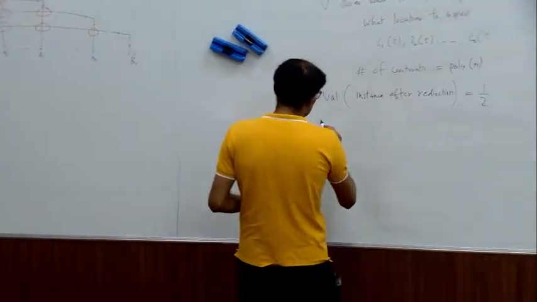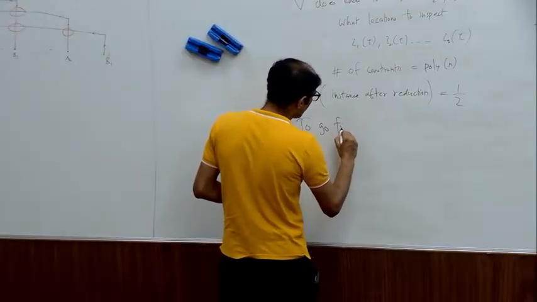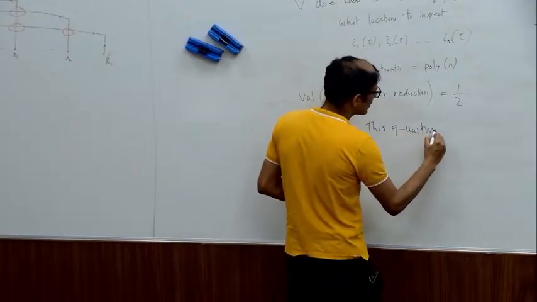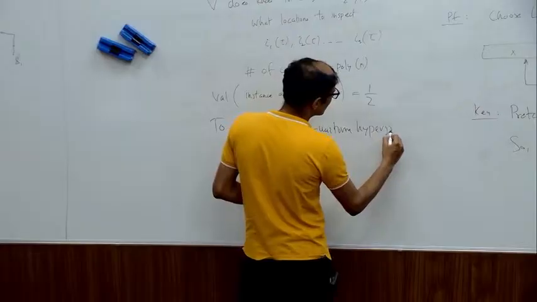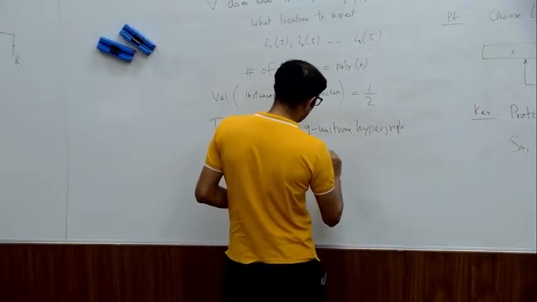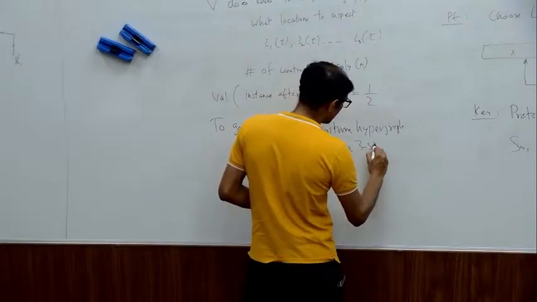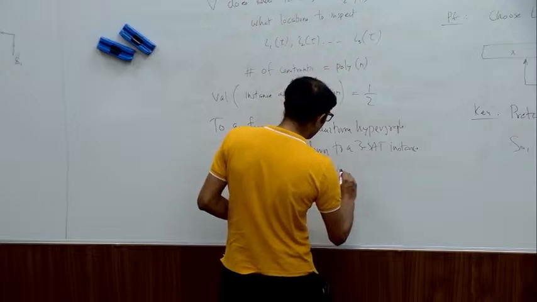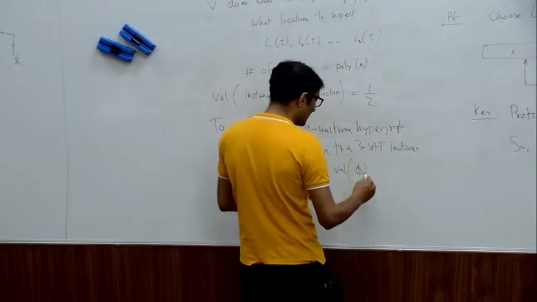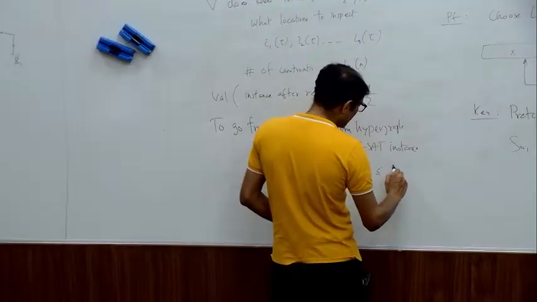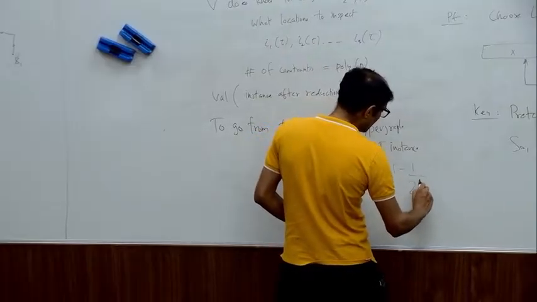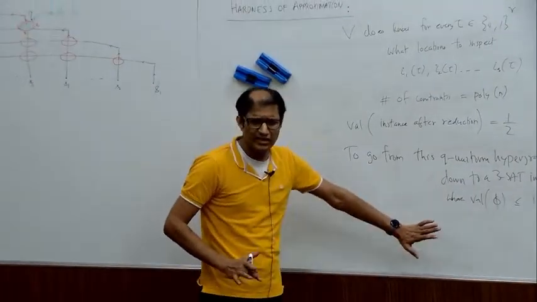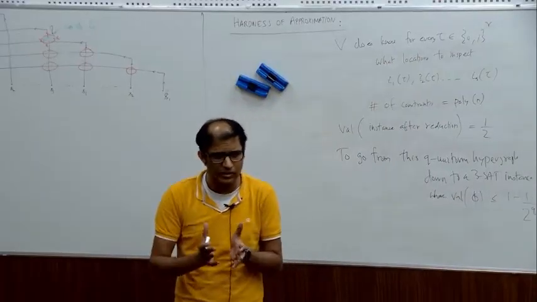So the idea now is to go from this q-uniform hypergraph down to 3-SAT, where the value of this 3-SAT instance, I'm going to call it phi, in the no case, would be at most something like that. That's something that I'm not going to prove because it's a standard thing that you know how to do thanks to the complexity chapter from Mike Sipser.